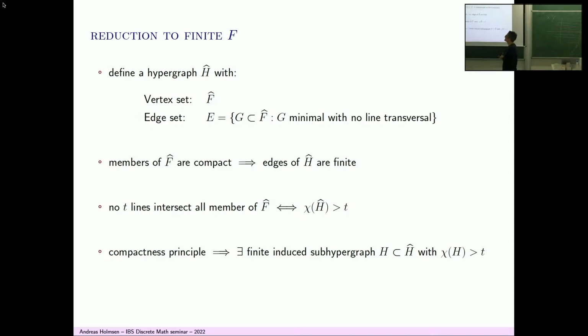Since we are talking infinite here, at least. Oh, okay. I think I see what you mean. But no. If every finite subfamily has a line transversal, then the whole family has a line transversal. This is also compactness. Okay. So that answers your question, right? Yeah, good. So you do need to use the compactness of these members and so on.